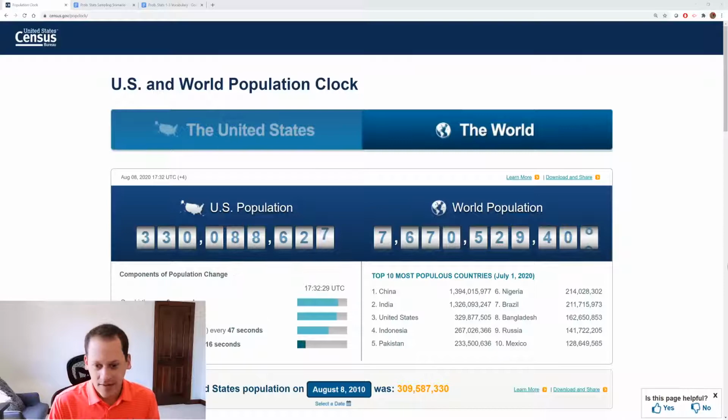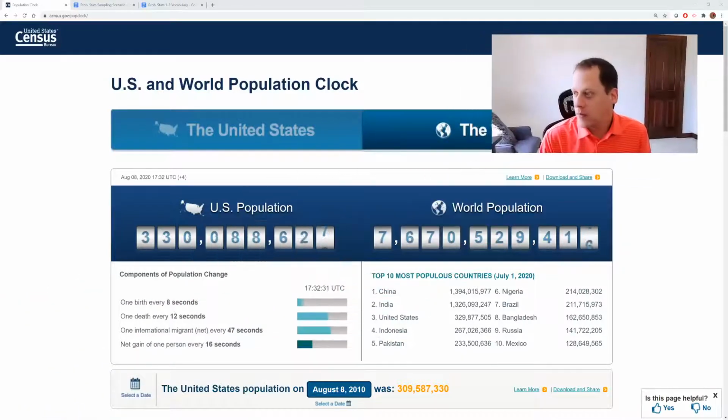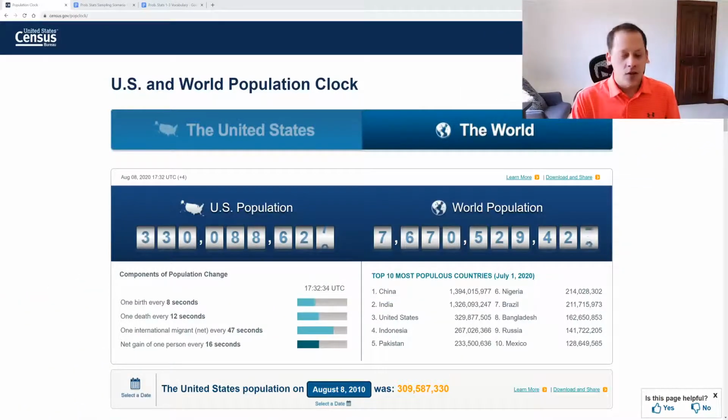Oh, let me move myself a little bit so you can see what goes into this. So, according to this clock, and this is just an estimate, obviously the US or world populations aren't increasing at a constant rate like this. But approximately in the US, there's a birth every 8 seconds, a death every 12 seconds, one international net migrant, so people are coming into the country, people are leaving the country.